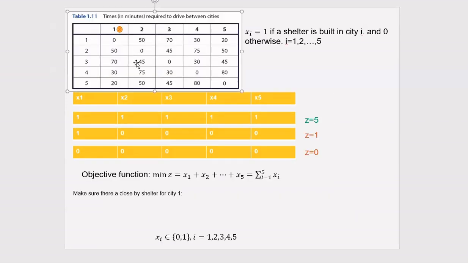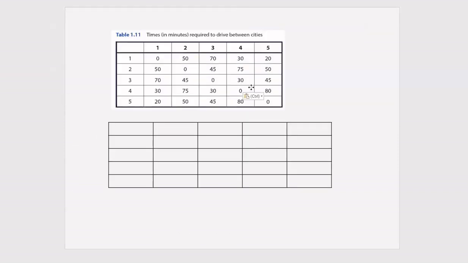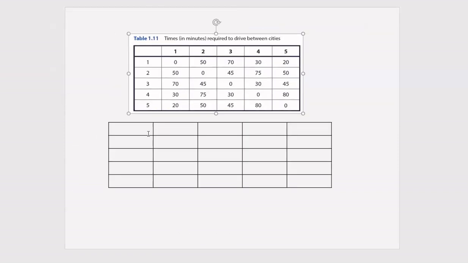So basically the only use of these numbers here is whether they are close enough, right? Otherwise, we don't really care what the actual distance is.